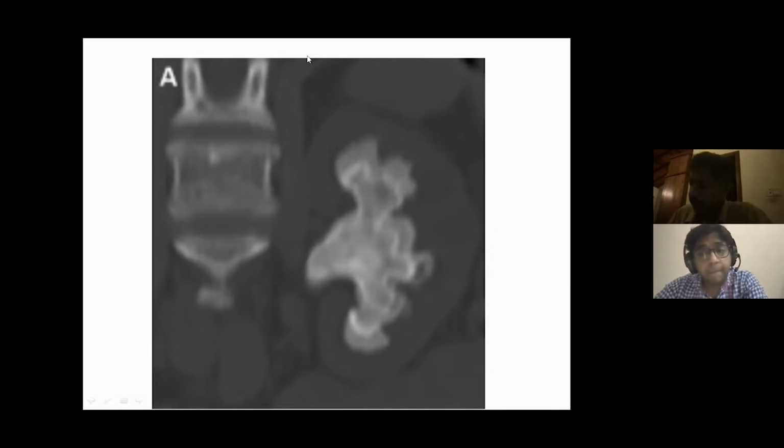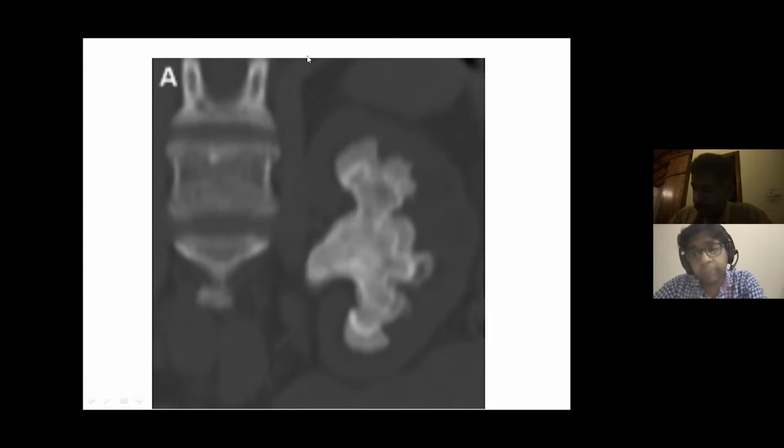What are the interventions available to treat this stone? The available options depend on the patient's factors, the facilities available in the hospital, and the surgeon's experience. It can be percutaneous nephrolithotomy with multiple tracts and multiple punctures, as well as open techniques, the open pyelolithotomy and pyelonephrolithotomy.